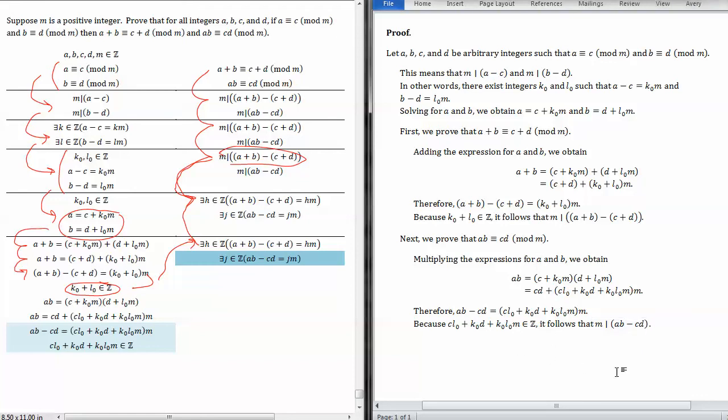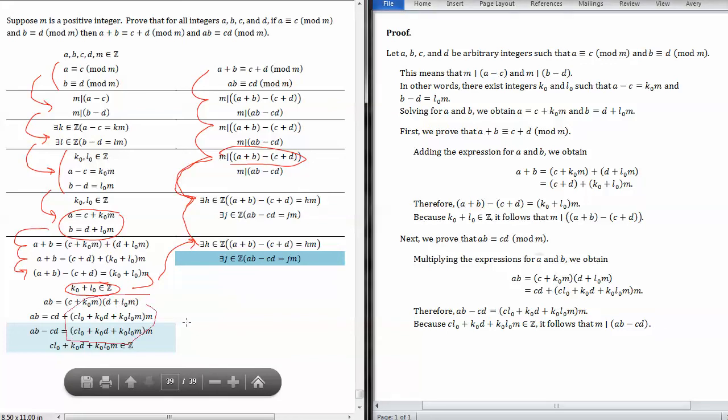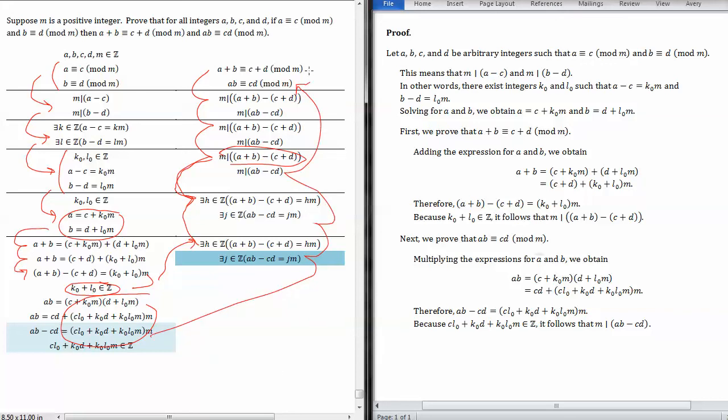That gives us our other goal, right here: ab congruent to cd mod m. That was just combining all this stuff down here to eventually get this, which was the definition of that, which was this statement up here. And that finishes our proof.